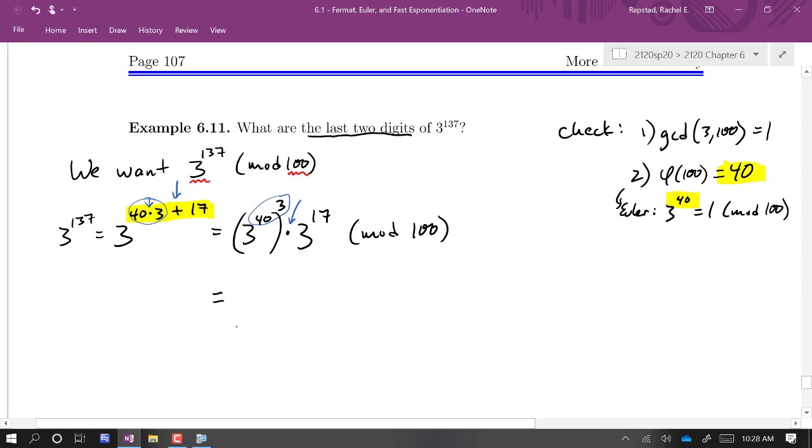Now I'm going to apply Euler's theorem. 3 to the 40th is equal to 1 mod 100, so this is 1 cubed times 3 to the 17 mod 100, or 3 to the 17th power. Now that's still pretty high. I don't know off the top of my head what that is.